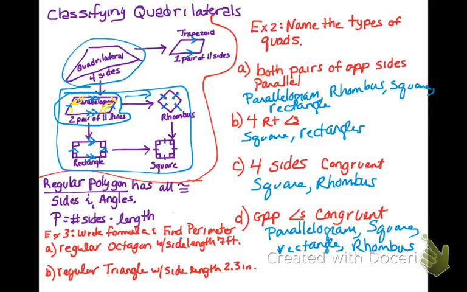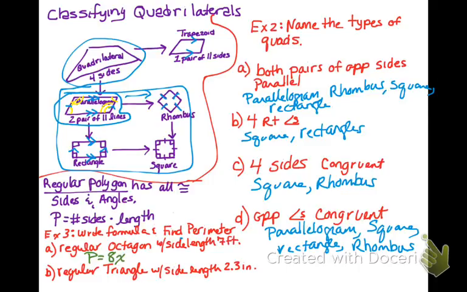So you have 2 answers for your homework tonight. For a regular octagon, you're going to go P equals, and then you tell me how many sides they have. How many sides does an octagon have? 8. And then you're going to put x for the length for right now. That's going to be your formula.